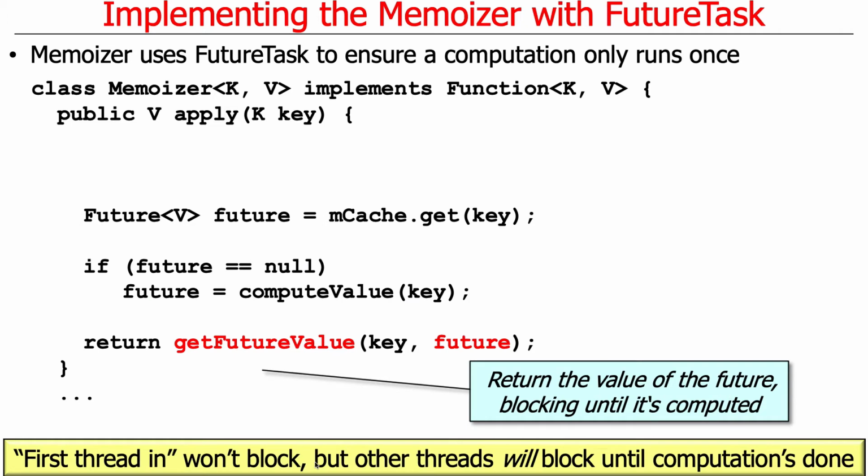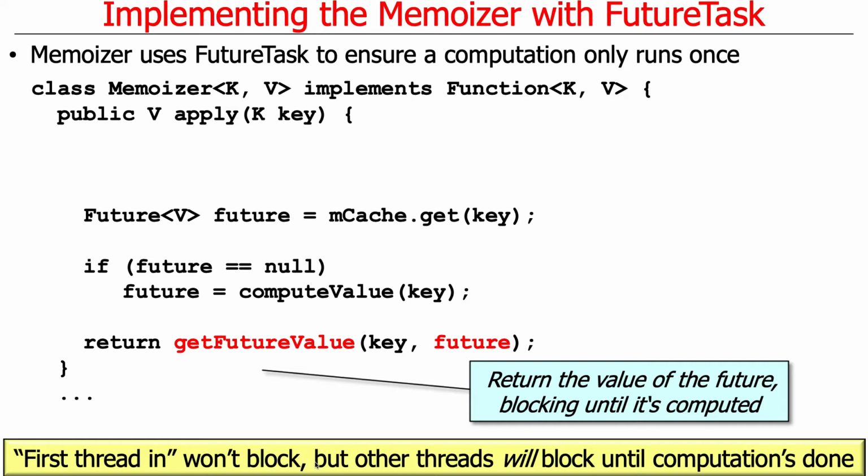And then there's also another call called getFutureValue. And this is going to return the value of the future, but it's going to block until the future is actually computed. And you'll see how that's going to work. And what's interesting here is the first thread that comes in here at a simultaneous time will not block. It'll actually do the computation.